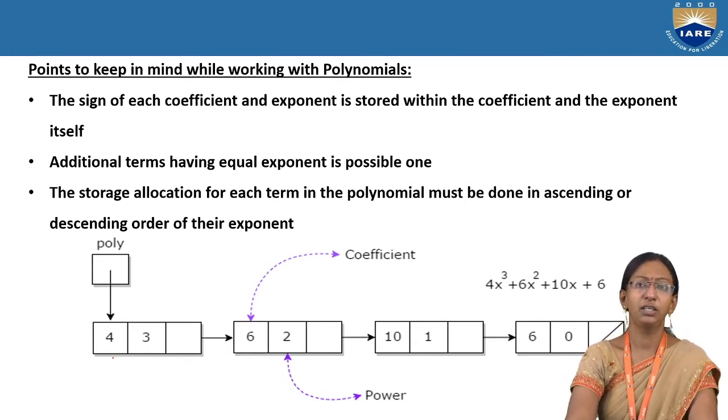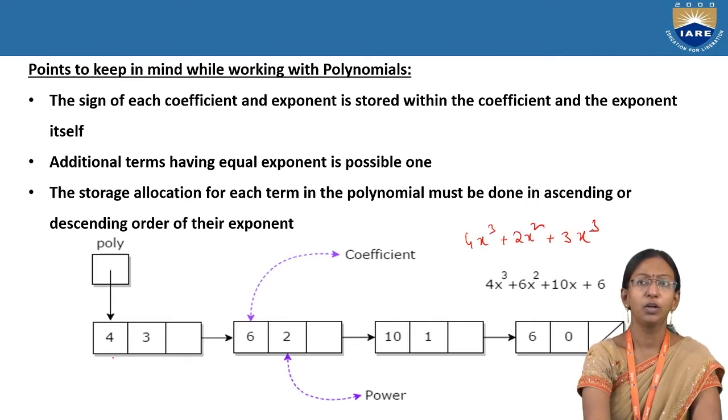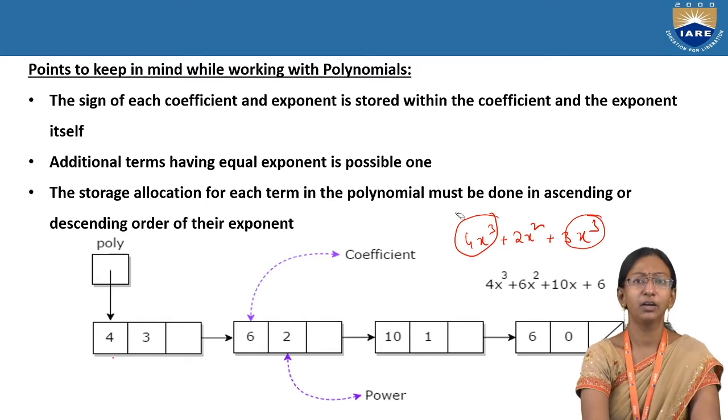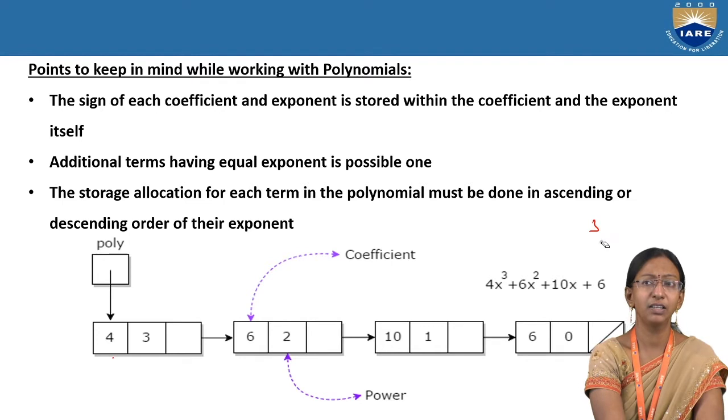Then, additional terms having equal exponents is a possibility. For example, some novice has given 4x cubed plus 2x squared plus 3x cubed. You can see that the first term as well as the third term have the same exponent, right? So they can be written as 7x cubed.